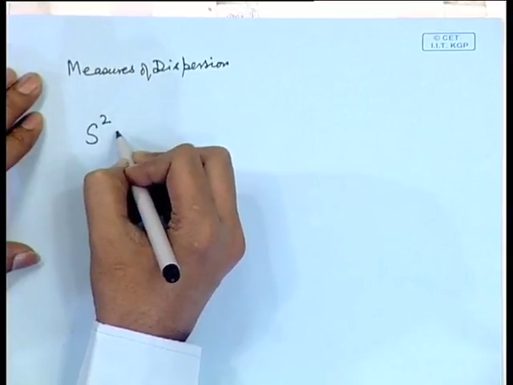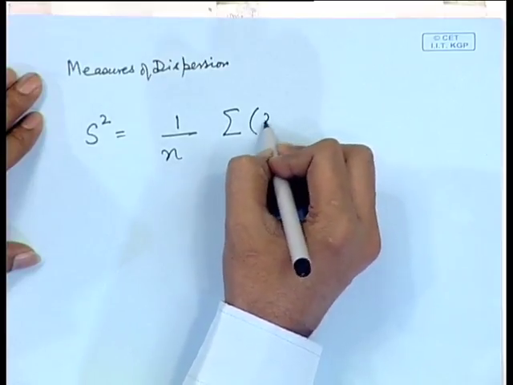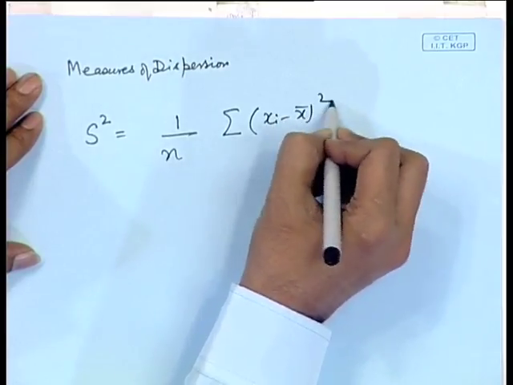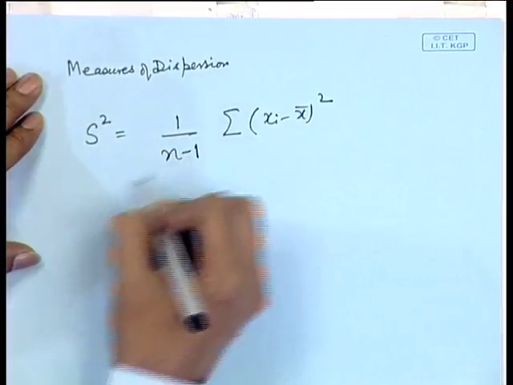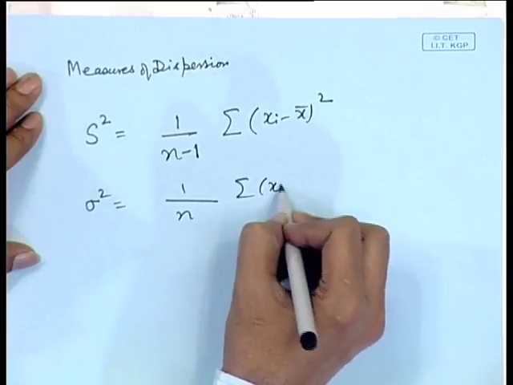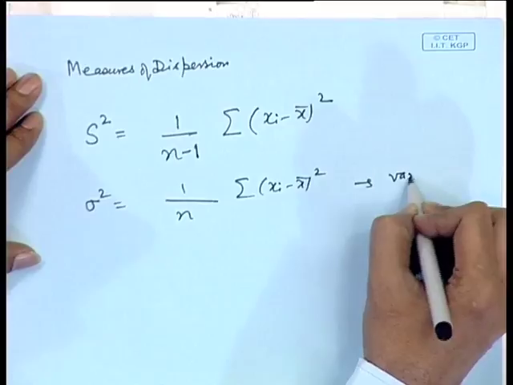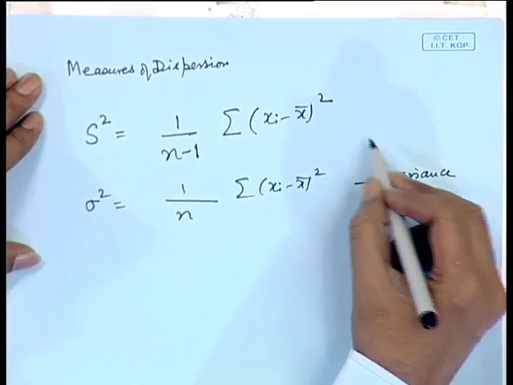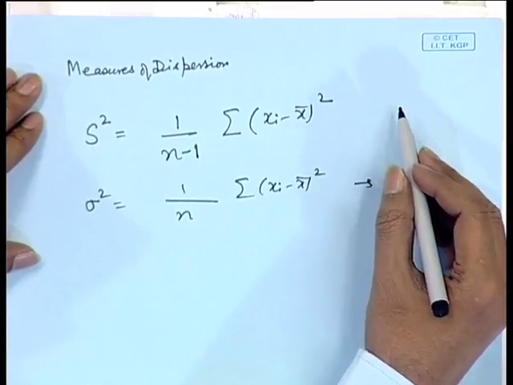We consider 1 by n sigma (x I minus x bar) whole square. Now, there are different notations for this. We may use 1 by n minus 1 here; sigma square as 1 by n sigma (x I minus x bar) whole square is known as variance, and this one is sometimes called the sample variance.